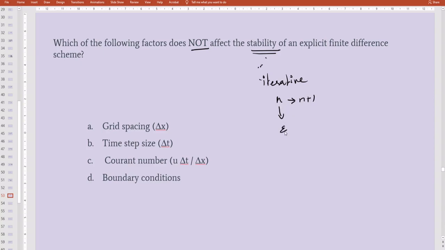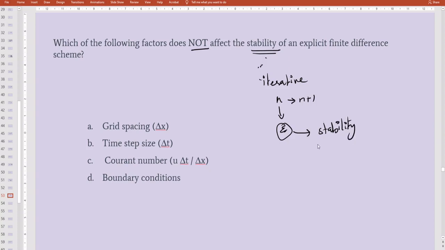How is this error epsilon changing in the n plus 1 step? Whether this error is getting dampened, or getting increased, or remaining unchanged, such a thing is called stability analysis.